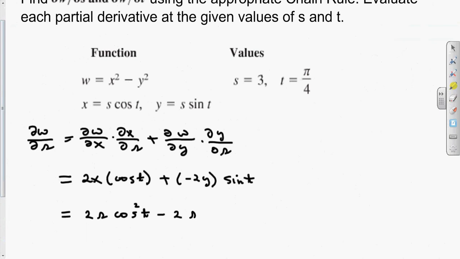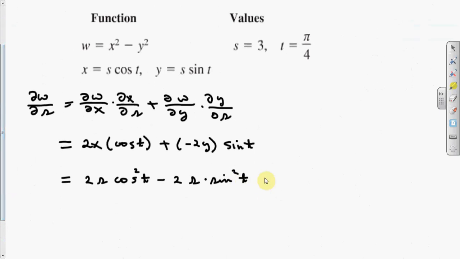Y is s sine t, times the sine t, so that becomes sine squared t. Y is s times sine t. X is s times cosine t. That's all we did.